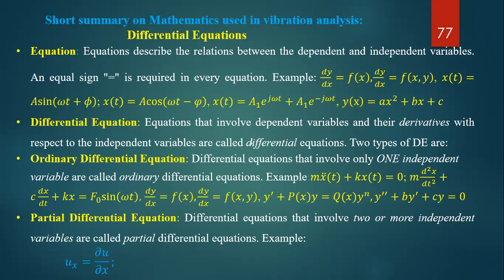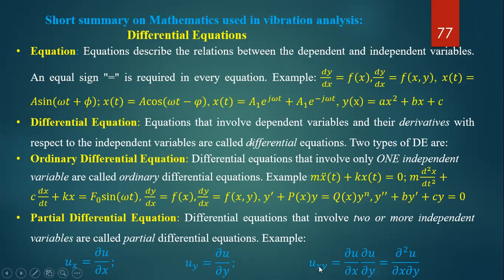For example, du over dx, like the heat equation in the case of heat transfer, and again u of y, which is equal to du over dx, u of x, y.